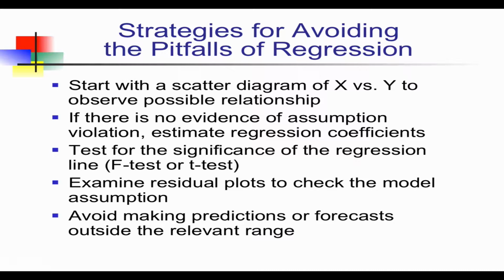But if you want to make a prediction of y that is associated with x outside of this range, you need to be a little bit cautious, because you actually do not have data to support whether or not there is the same relationship between y and x outside your data range.